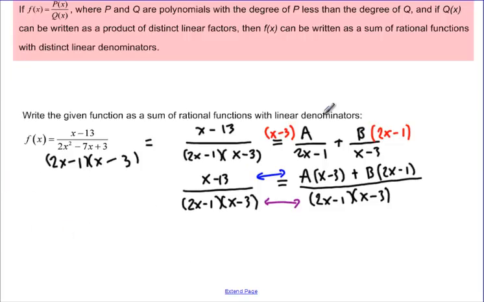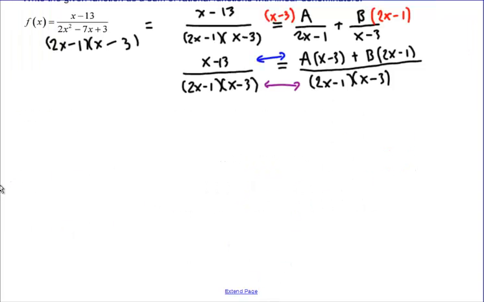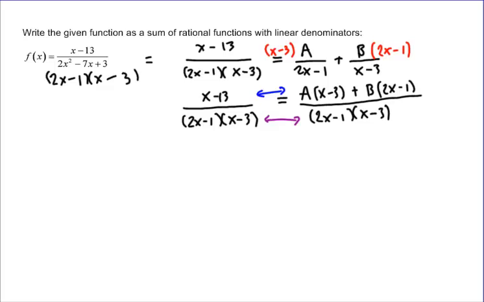So what I'm going to do is set my tops equal to each other. And I'm going to have x minus 13 equals A times x minus 3 plus B times 2x minus 1.